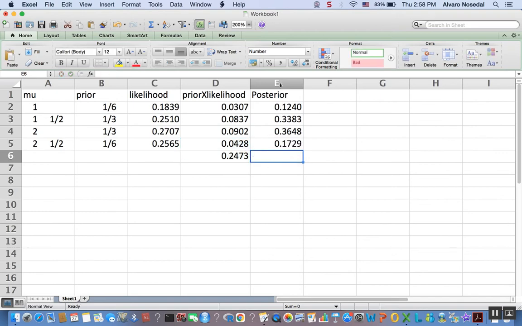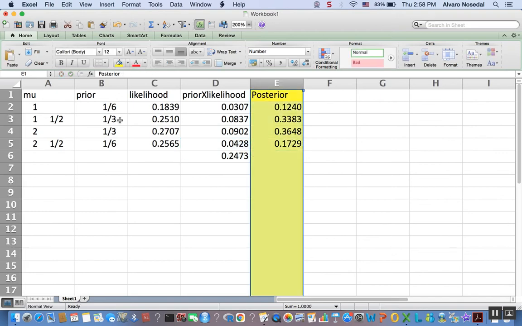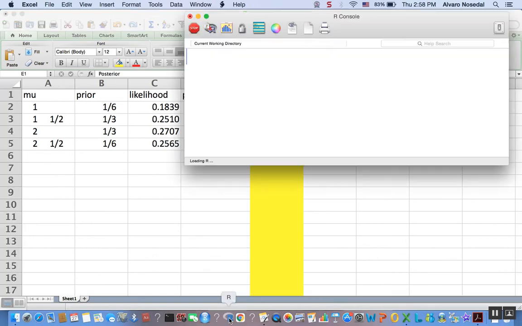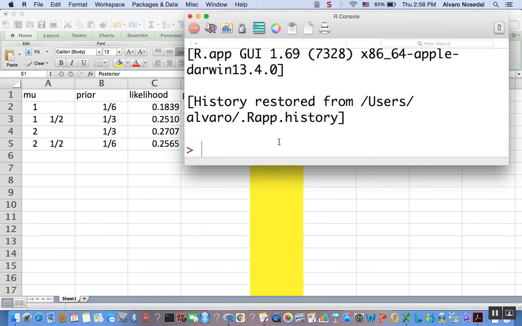Okay, so that's our posterior distribution, right? Using that idea of carrying out those calculations using a table. Okay, so now let's try and do something similar using R, and then let's double check our work. So first we need our prior, right?